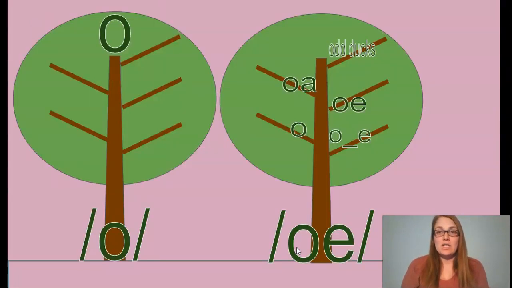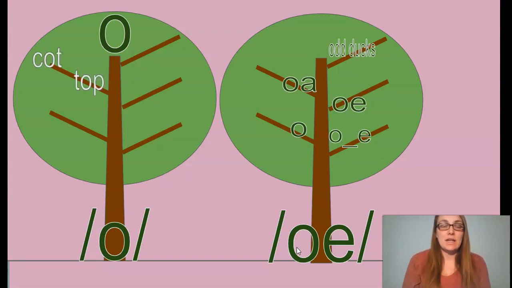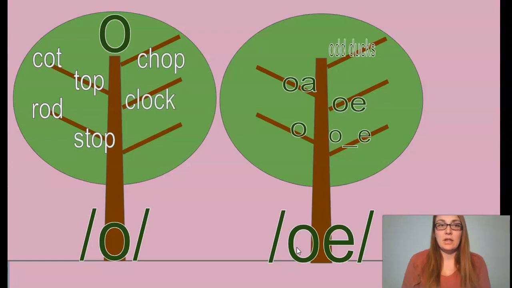Again, we have our trees to help us organize all of the letter sounds. So for the ah tree, it's always spelled with a single O. Let's read the words together. Cot, top, rod, stop, chop, clock, and rotten. On the O tree, for the O-A spelling, we have coat and road.